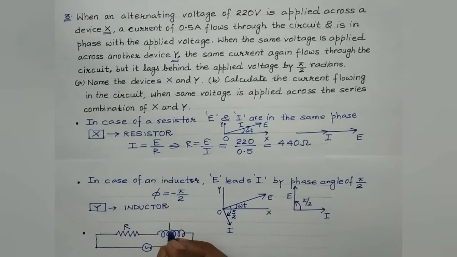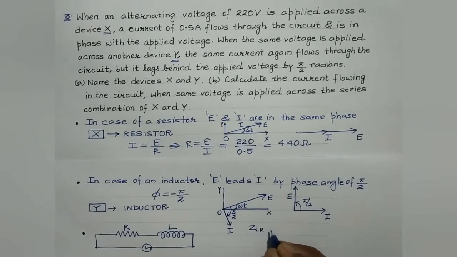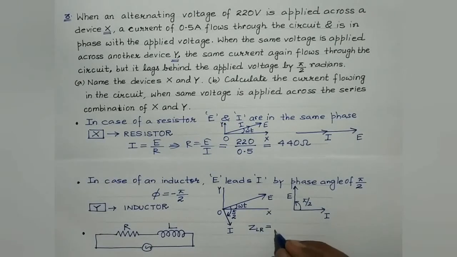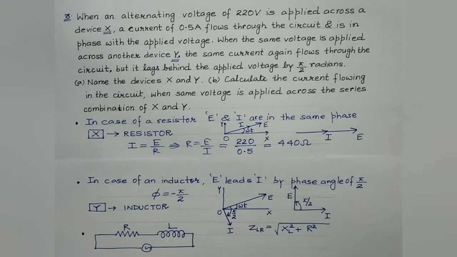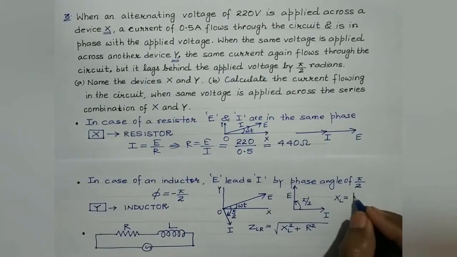The net resistance offered by the series combination of inductor and resistor is given by ZLR. It is known as the impedance of the LR circuit, and it is equal to the square root of XL square plus R square. Isn't it, students? The resistance can easily be found, and XL can also be easily found.